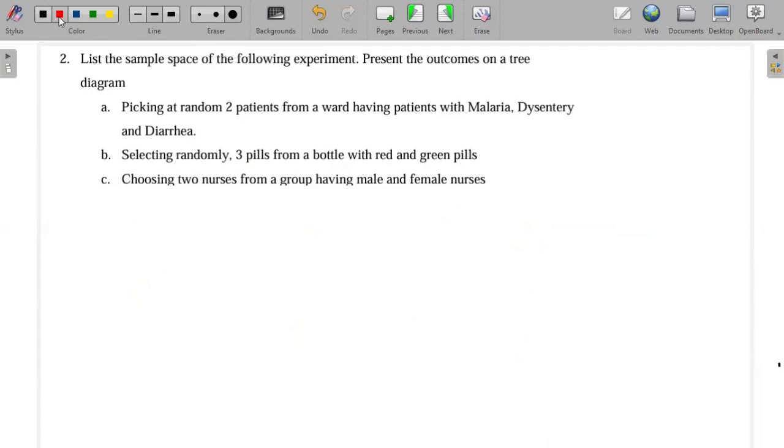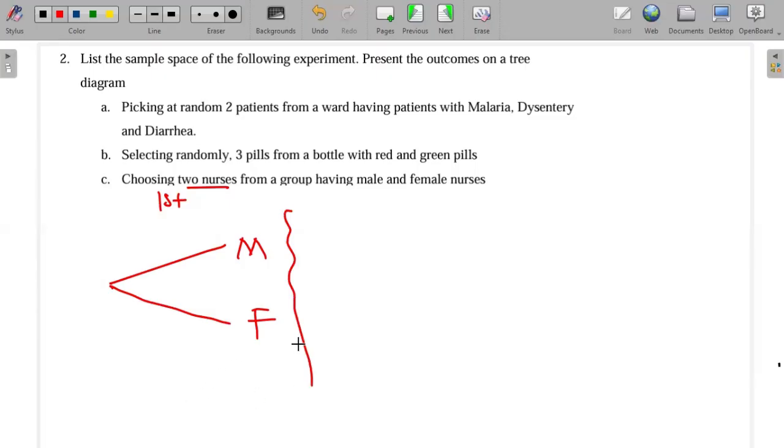Okay, so it means I have how many selections? Two.